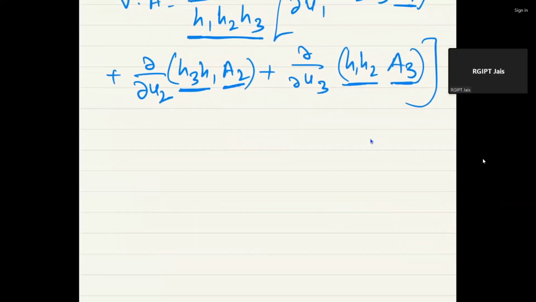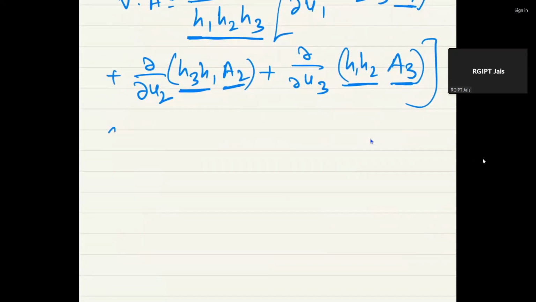And finally, you can also write the curl. You can derive all these expressions, but I don't want to go into the derivation because it will be much longer. But you can do it yourself if you find it difficult to remember.